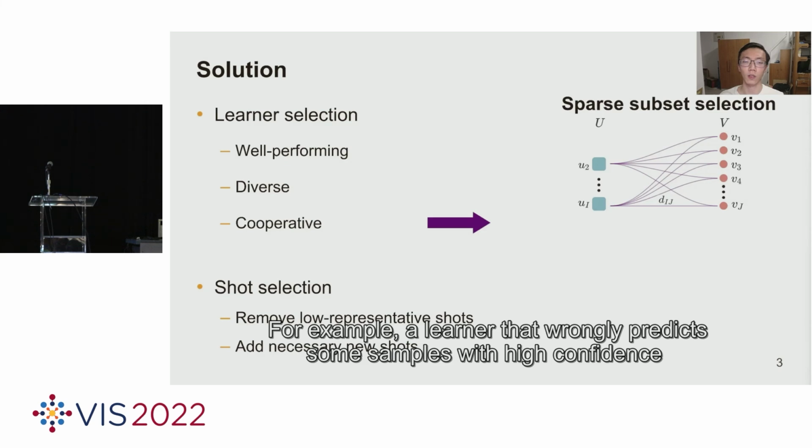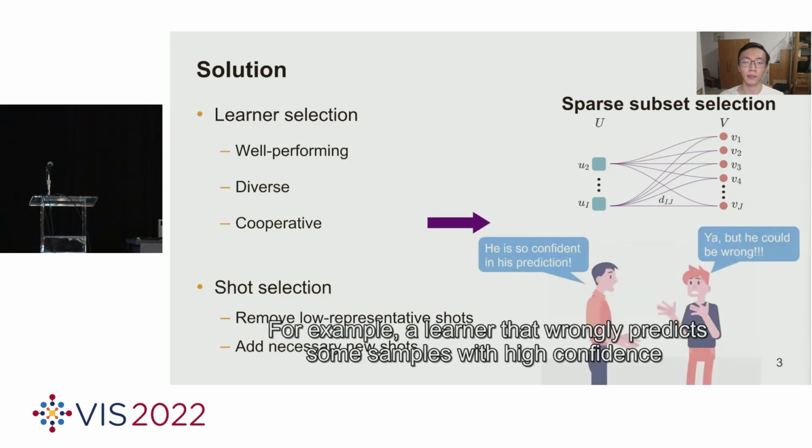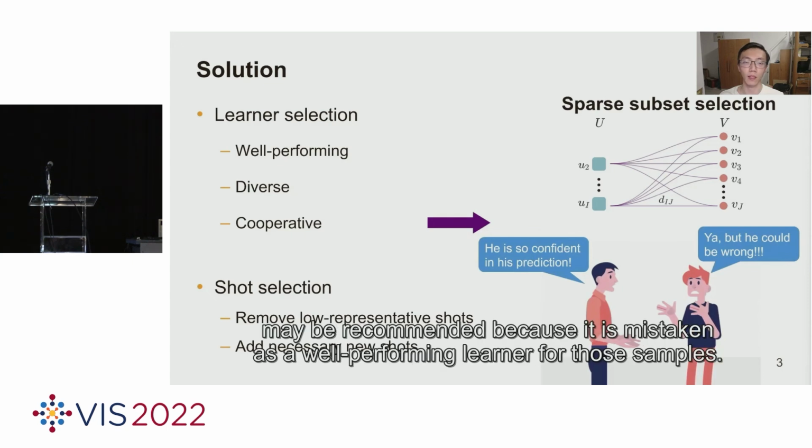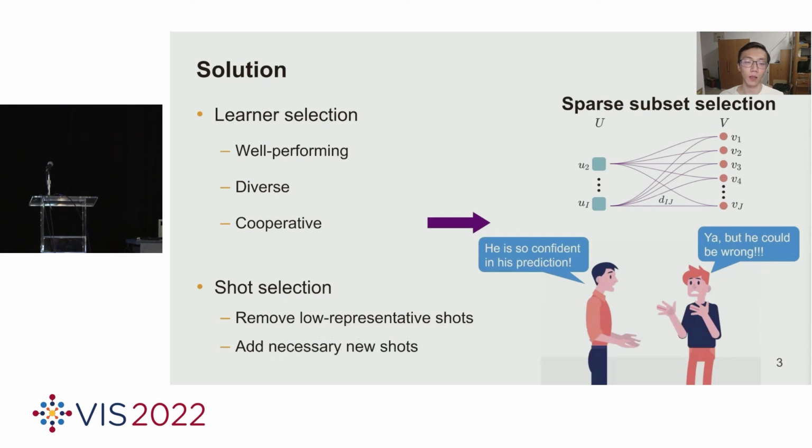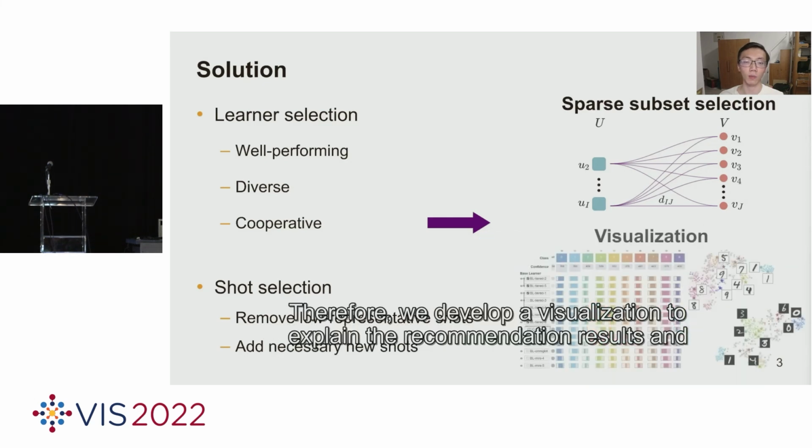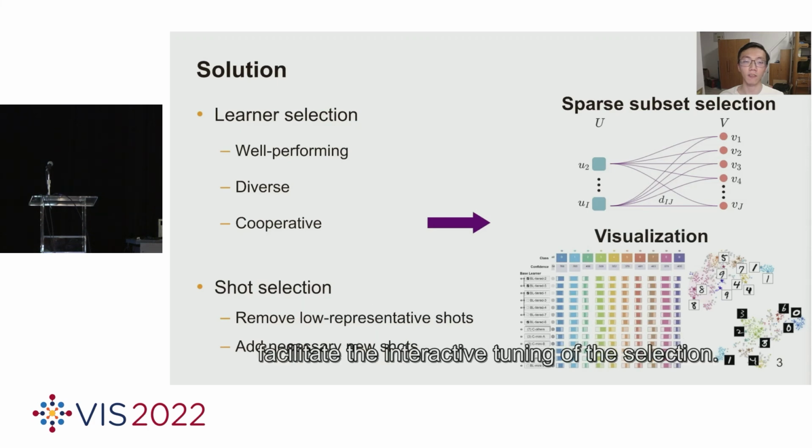For example, a learner that only predicts some samples with high confidence may be recommended because it is mistaken as a well-performing learner for those samples. Therefore, we develop a visualization to explain the recommendation results and facilitate the interactive tuning of the selection.